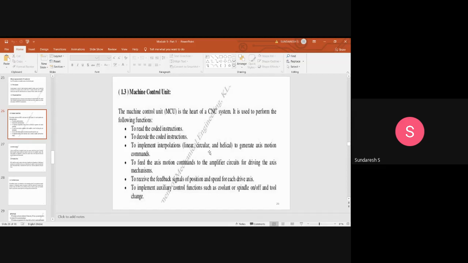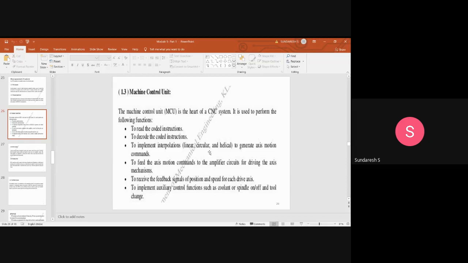It also implements the interpolations. The most important thing is that, based upon the complexity or geometry of the part, you might have different interpolations, which might be linear, circular, or helical.